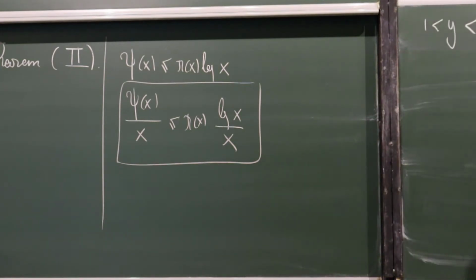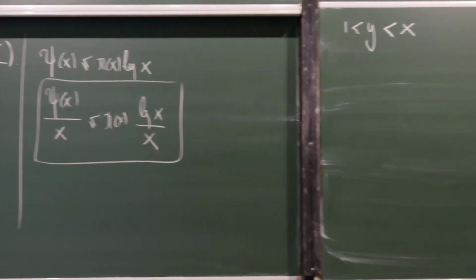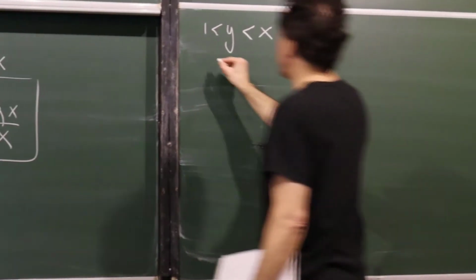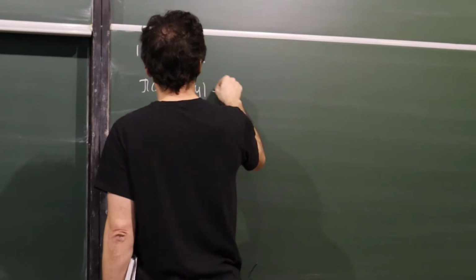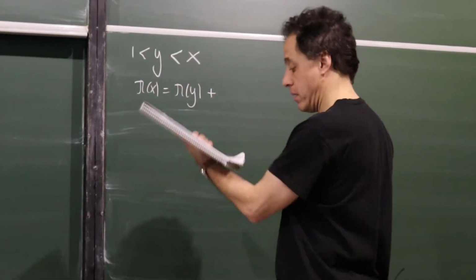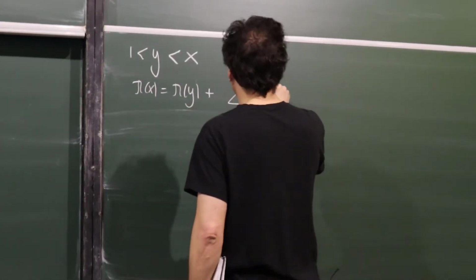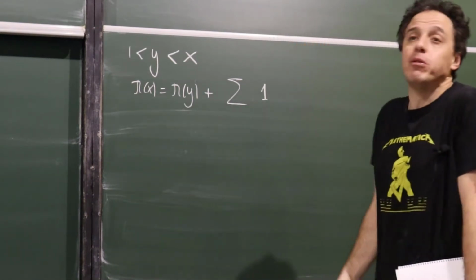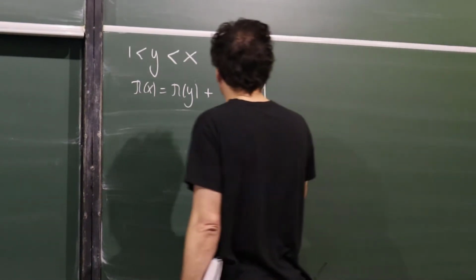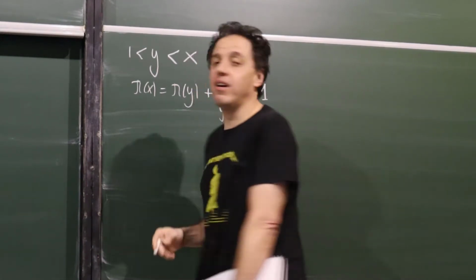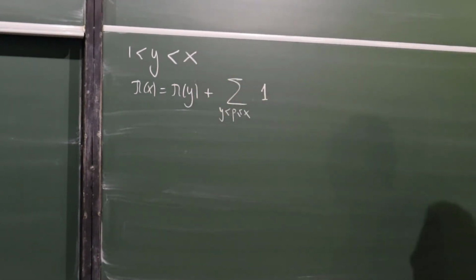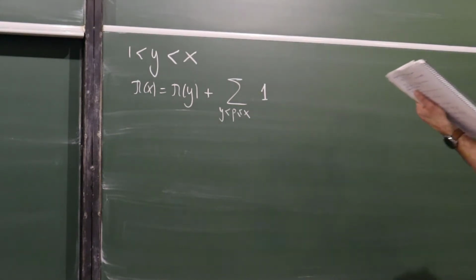Now, second, take some number y smaller than x, and consider pi of x. Pi of x would be pi of y plus the sum of 1, over primes p between y and x.